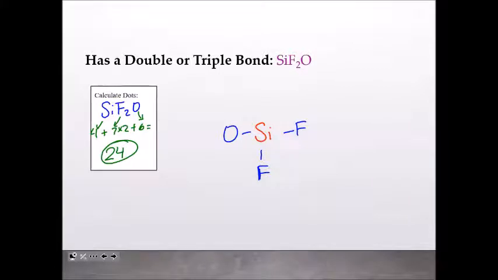How many electrons did I use to attach the 2 fluorines and the 1 oxygen? 6. So now we're down to 18. What does the next rule say? We've got to satisfy the ligands, the outsides, the oxygen and the 2 fluorines. So let's do that.